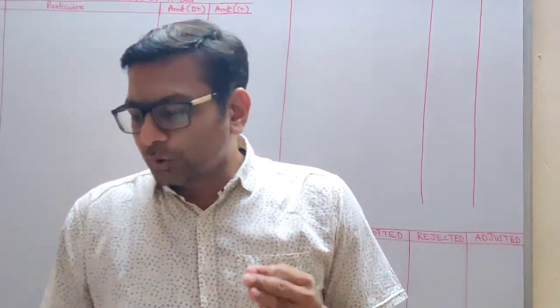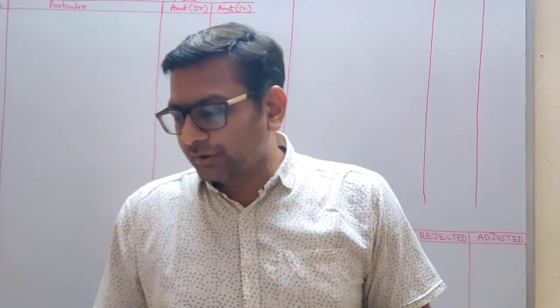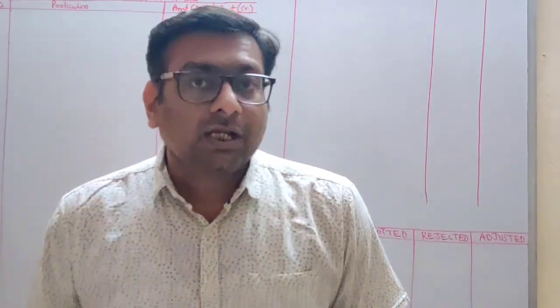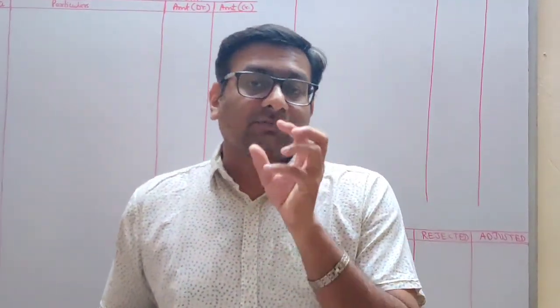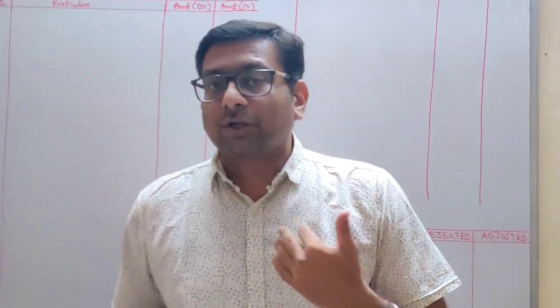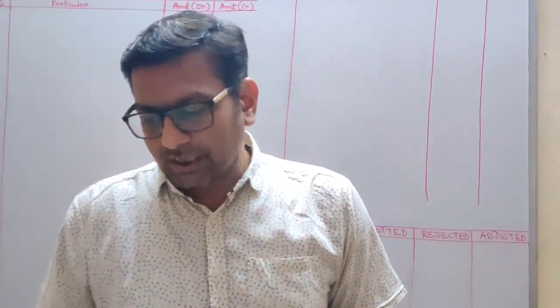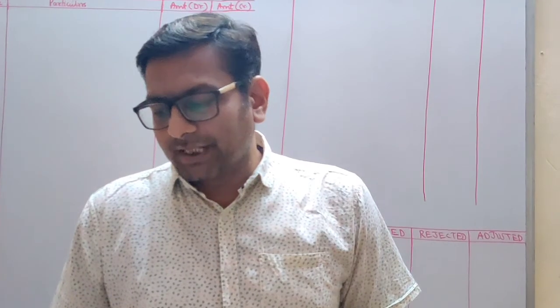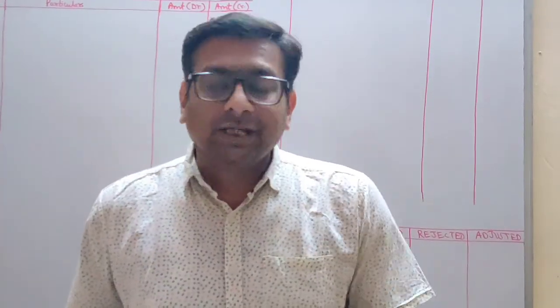Let's read the question. Shares were allotted on pro rata basis to the applicant of 50,000 shares. So those who have applied for 50,000 shares, we are going to make a pro rata allotment. Money overpaid on application was employed on account of sum due on allotment. This is well understood.